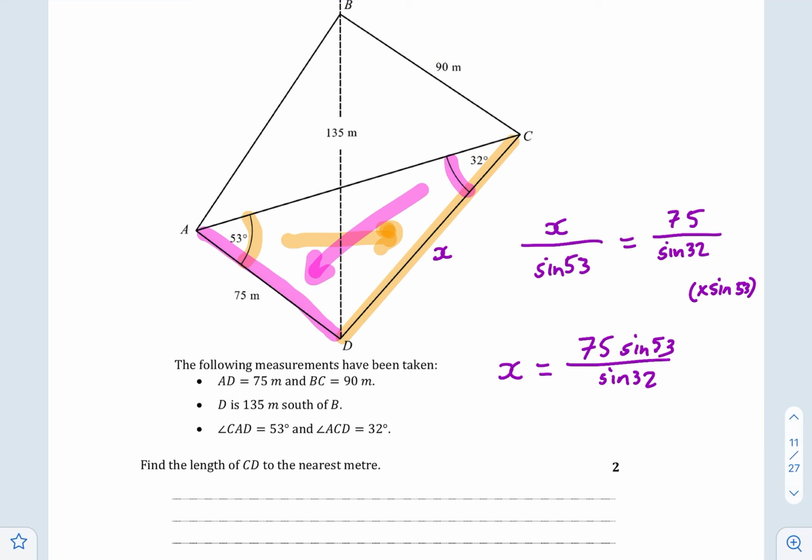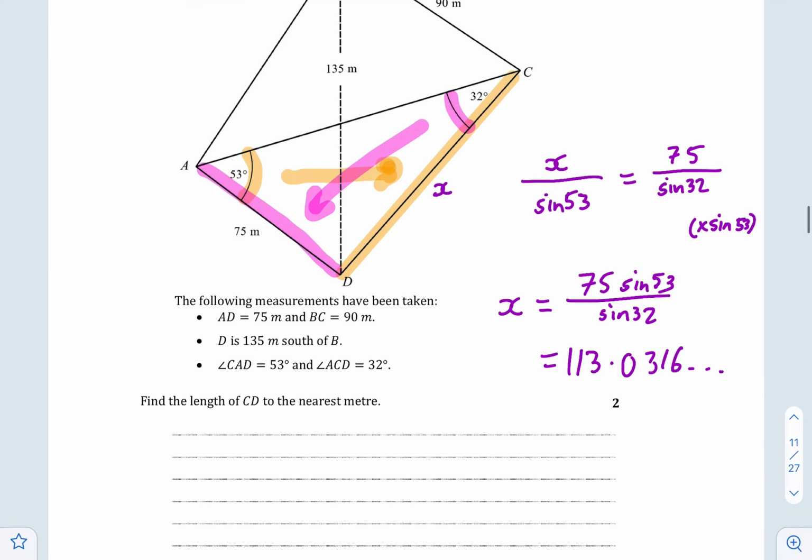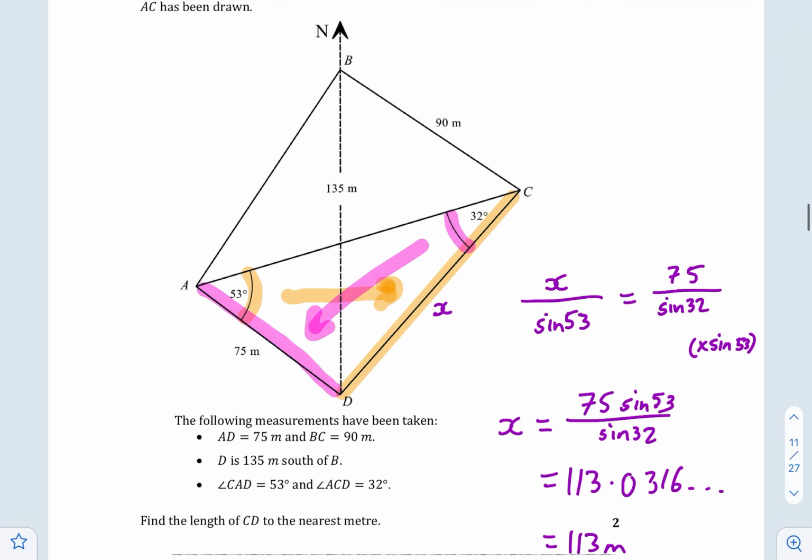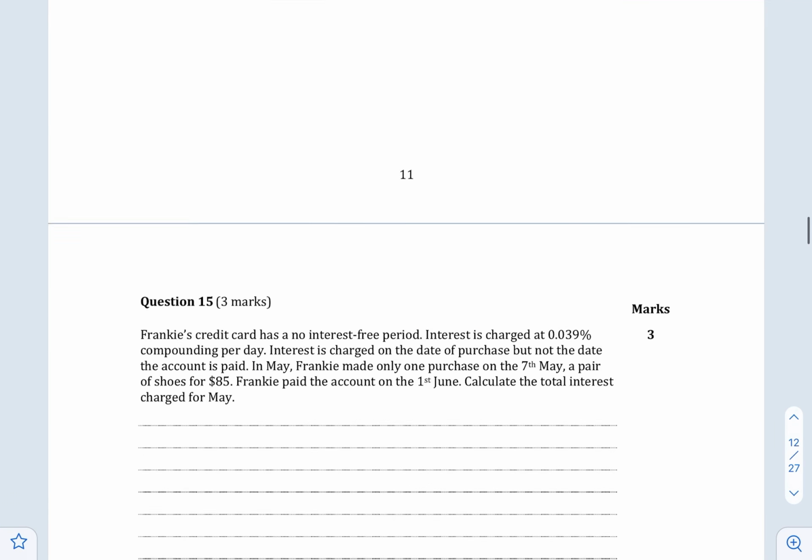We get 113.0316, and so on. It says to the nearest metre, so we're going to write that as 113 metres. Now, I would have answered that on the lines, but it was so you could still see the picture.